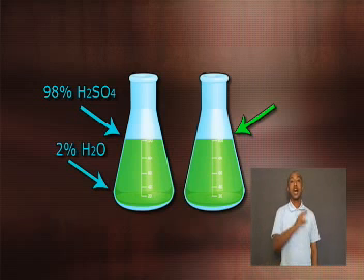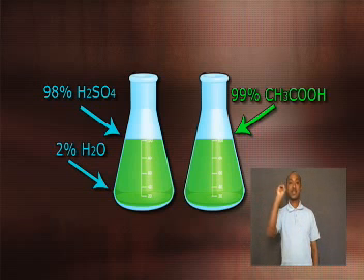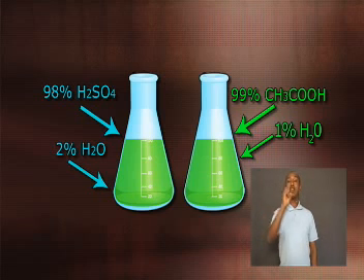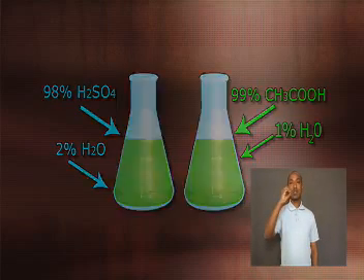And a concentrated solution of acetic acid contains 99% acetic acid and only 1% water. The percentage discrepancy is due to the fact that sulfuric acid is quite strong, whereas acetic acid is weak.